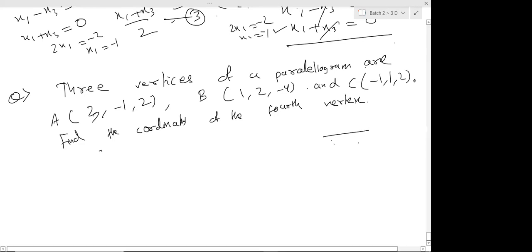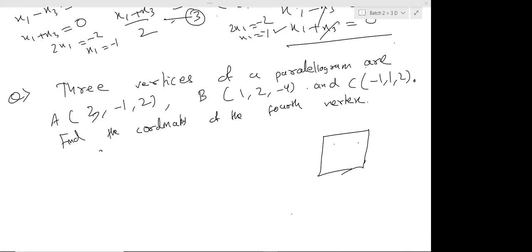See, in here you can use the properties of parallelogram, right? Absolutely right, Rahman. You can find by midpoint formula. That is the only good way to solve, right? Otherwise, you would be solving equations, and that would be too much.